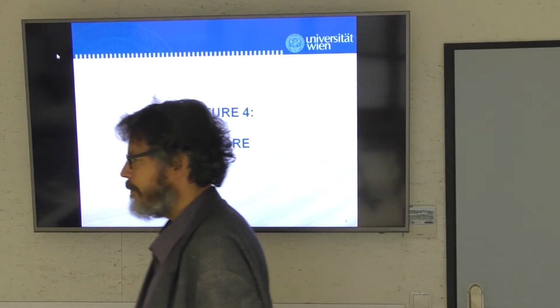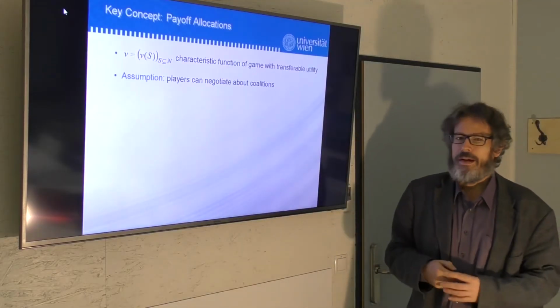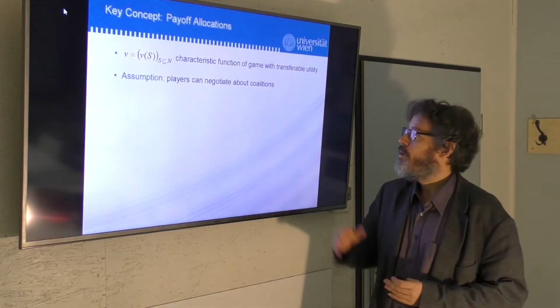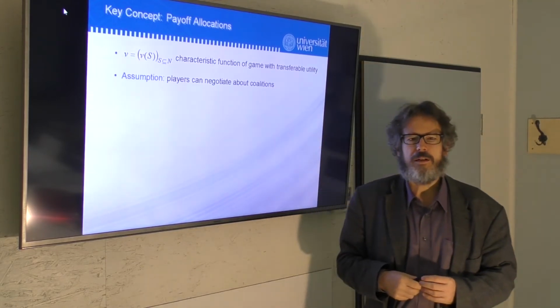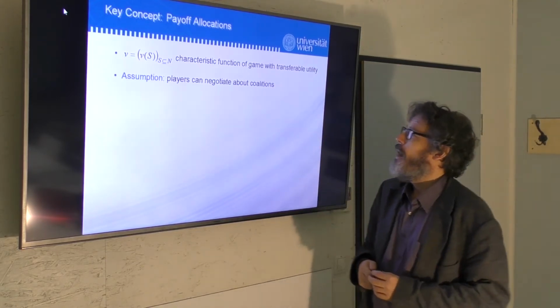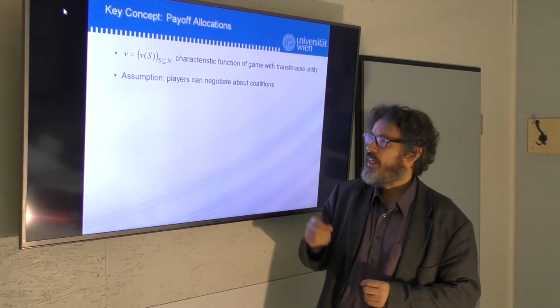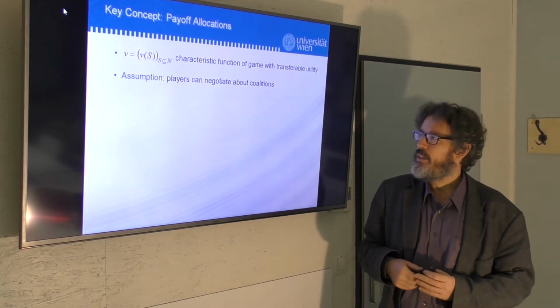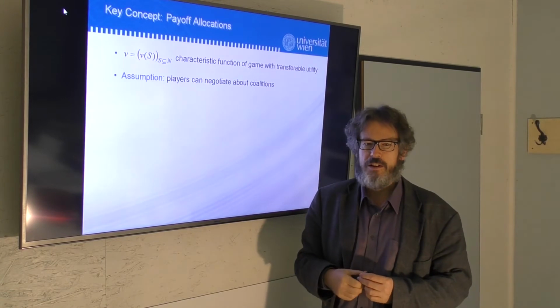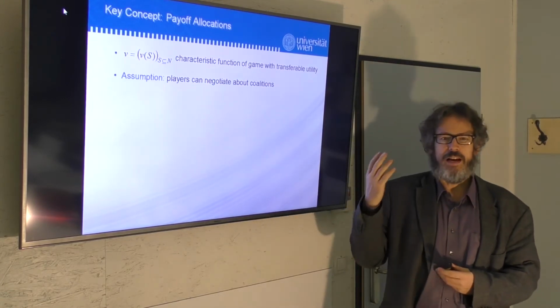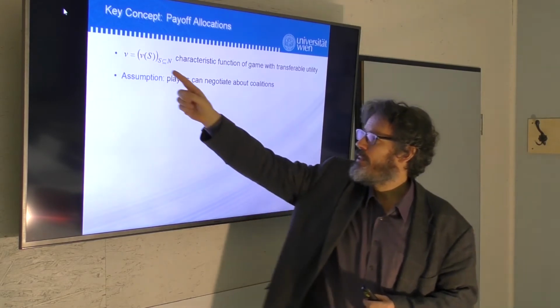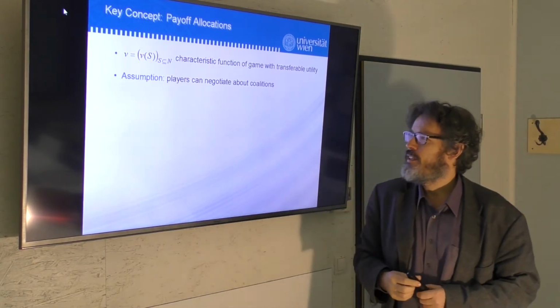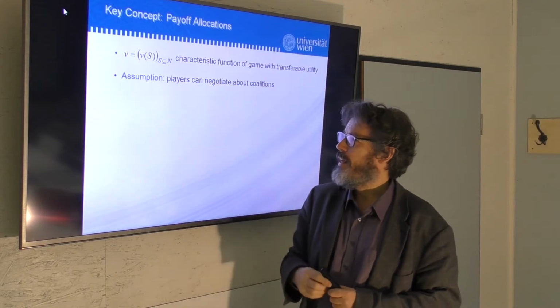So just to remind you where we stopped last time, we were introducing this form of coalitions for games with so-called transferable utility. And such games can be described mainly using a so-called characteristic function, which indicates a value for any coalition S, which is subset of the set of all players.